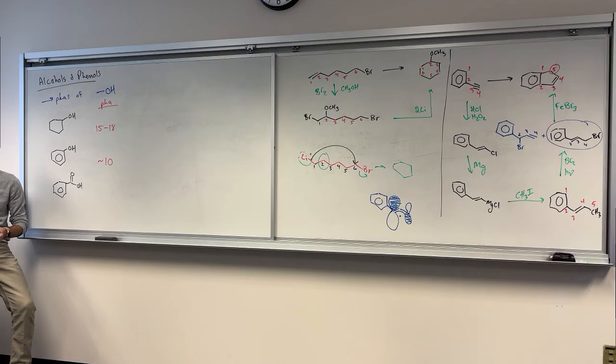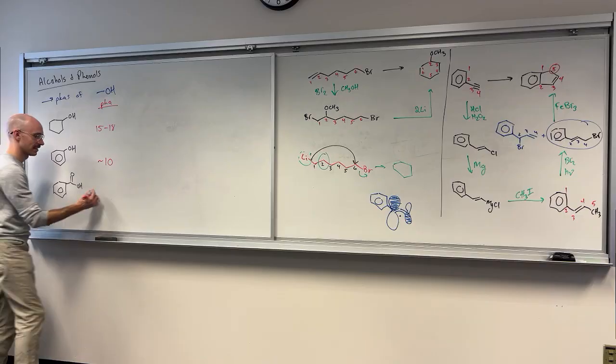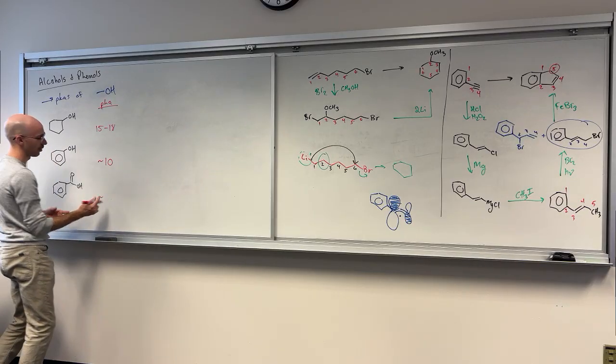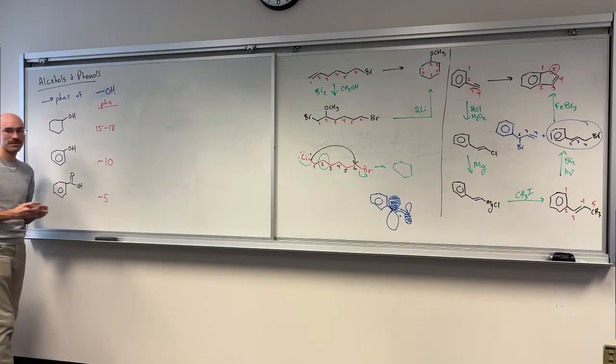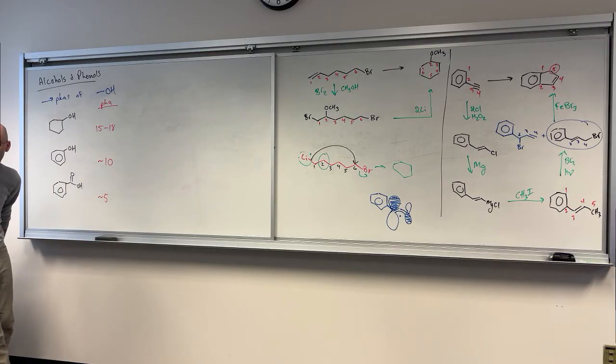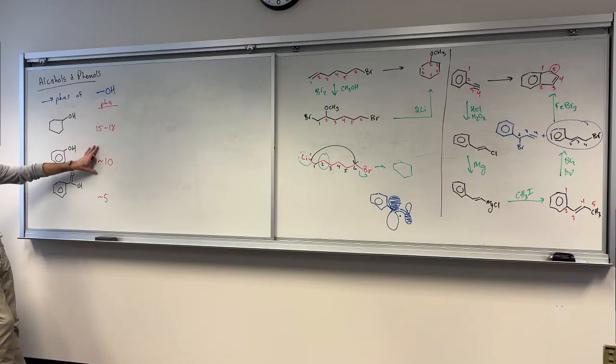It's lower than 10, even though it actually has less resonance than phenol. Sorry, I did say lower than 15, but I meant lower than 10. These are typically about 5. pKa of 15, pKa of 10, pKa of 5.